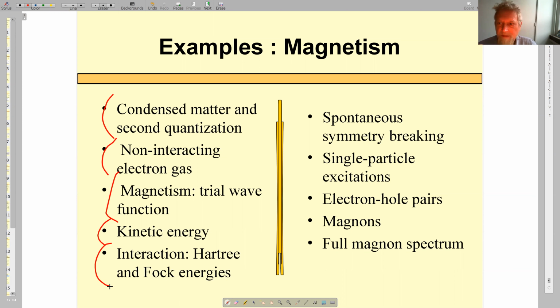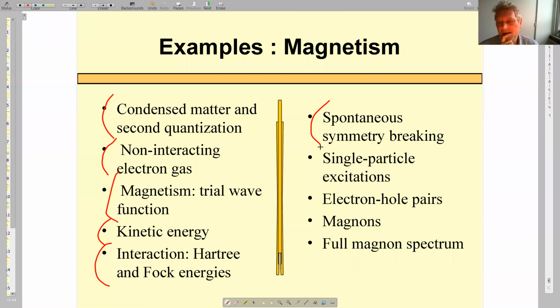Good. Then we will understand what is magnetic state, how does it arise, how to describe it. We also understand that magnetic axis can be rotated. And that's interesting.